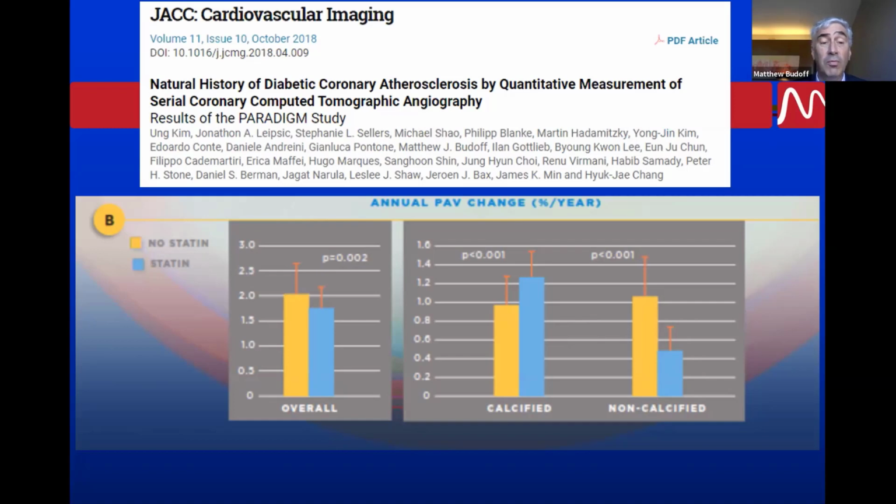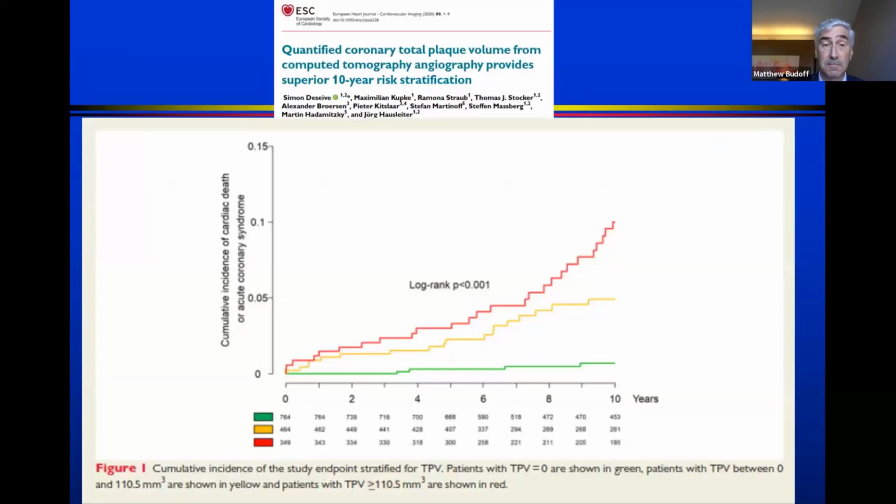And you can see overall, no statin, there was more plaque than in the statin group, highly statistically significant in patients with diabetes, still with progression though in both arms. And you can see calcified plaque actually went the opposite direction, but non-calcified plaque very nicely slowed, not regressed, but slowed under the influence of statin therapy.